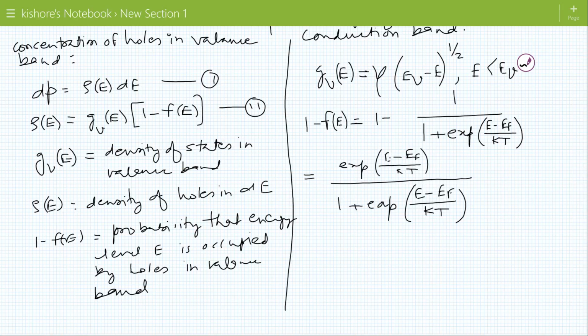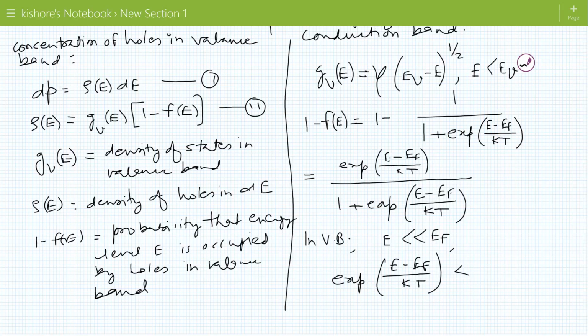Now in valence band, this E is very small as compared to EF. So e to the power (E minus EF) by kT is very small as compared to 1.